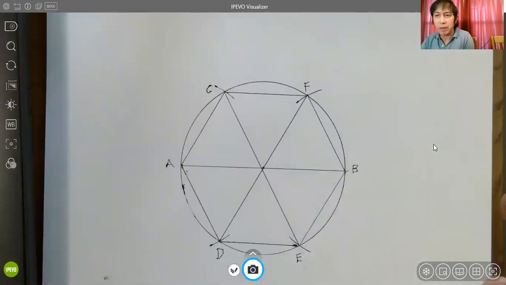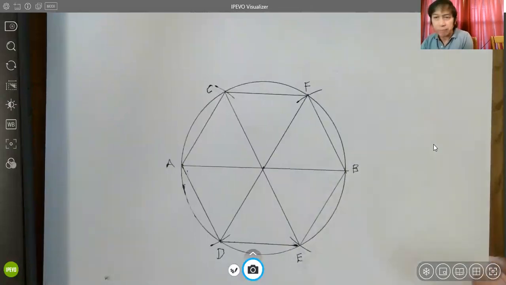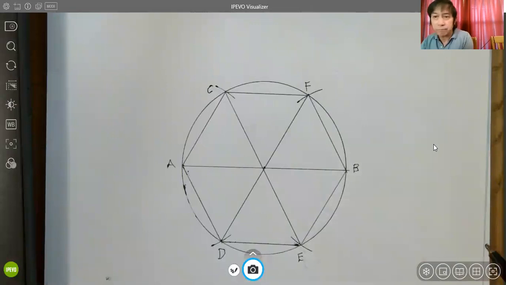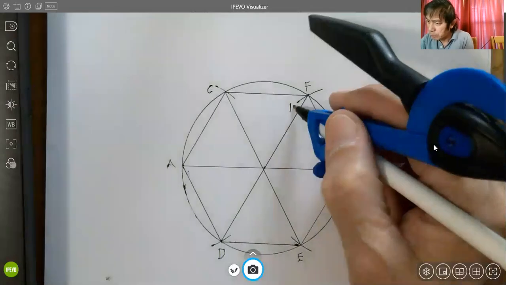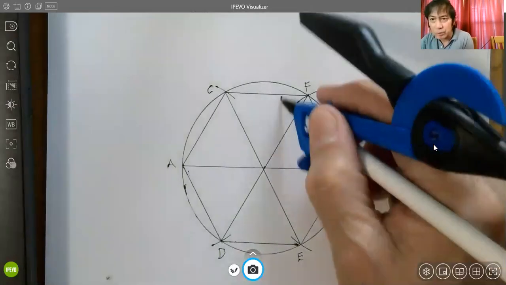When we say regular hexagon, that means the interior angle is constant at 120. So this is 120 there. That's 120.